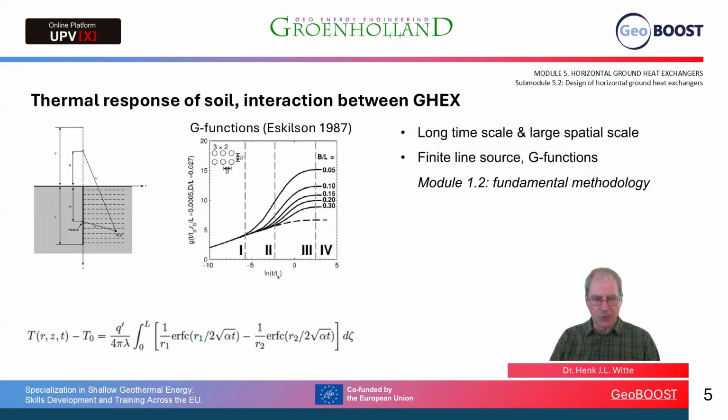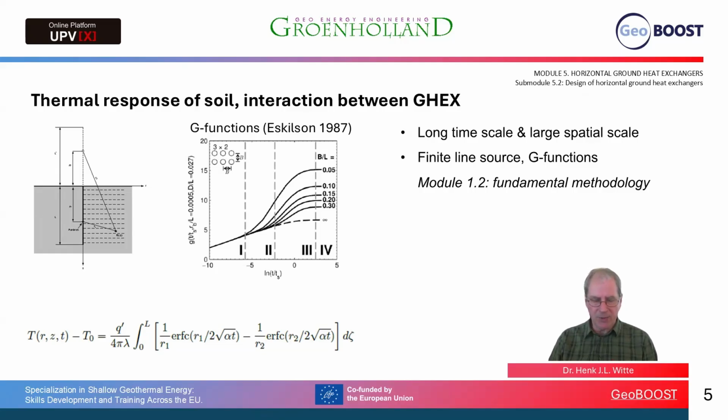Now we will focus on the calculation methodology. In module 1.2 we introduced the fundamental methodology used for ground heat exchanger calculations, where the thermal response of the soil is important, and we have to consider a very long time scale, 10 or 30 years, 40 years, and a very large spatial scale, tens of meters up to hundreds of meters.